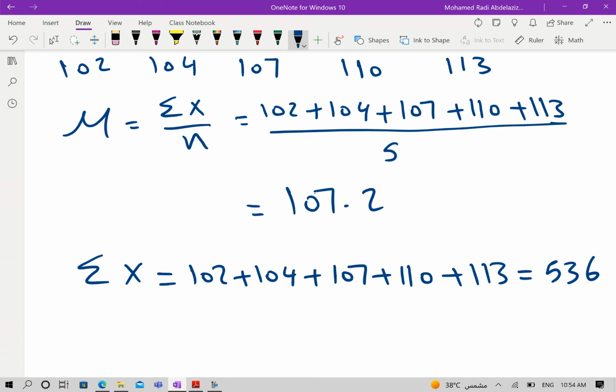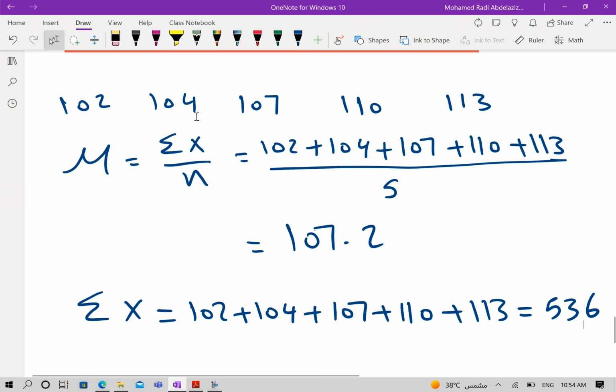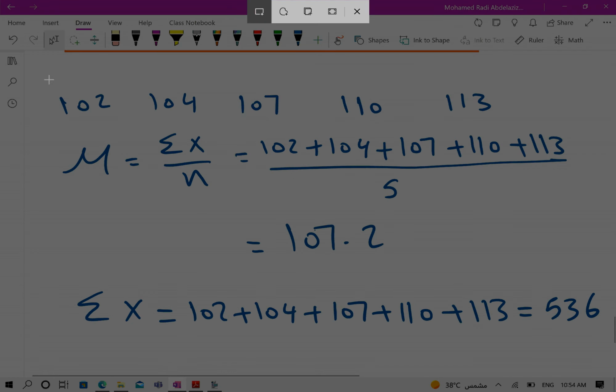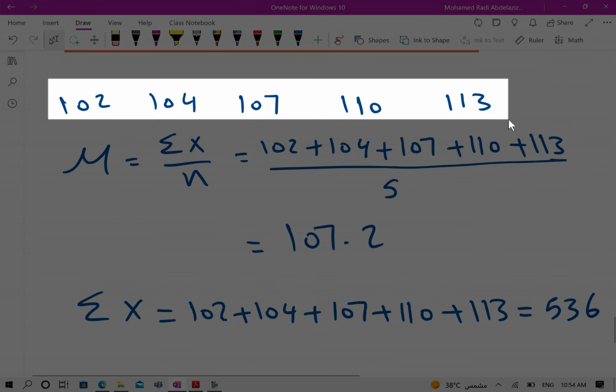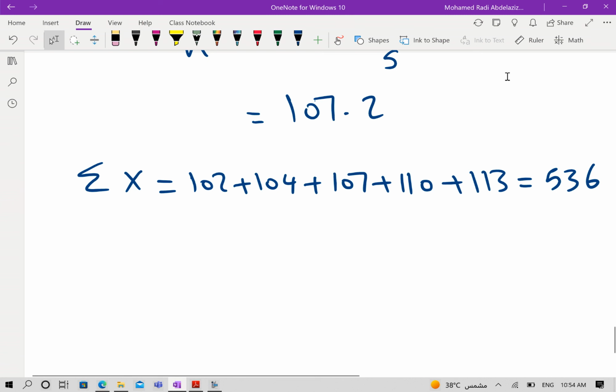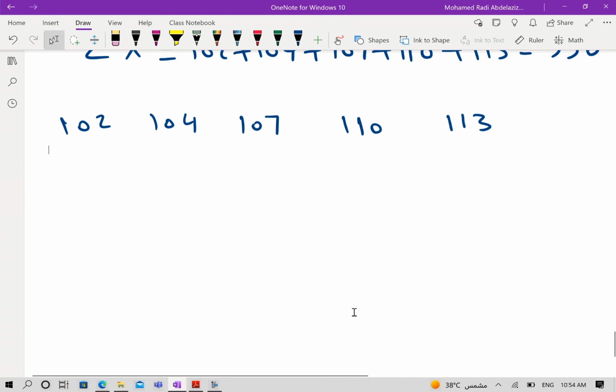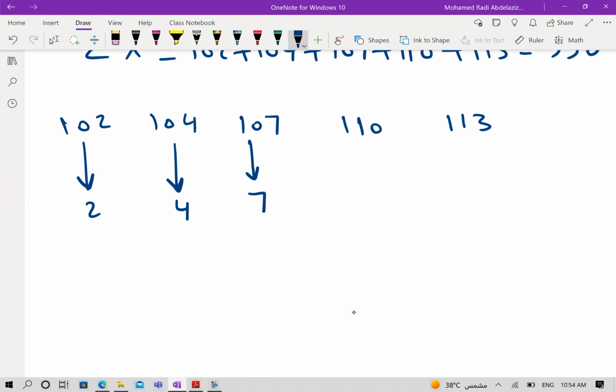What about coding? If we have 5 values, 102, 104, 107, and we try to subtract any constant value like 100, if we subtract 100 from all values, it will be 2, 4, 7, 10, 13.